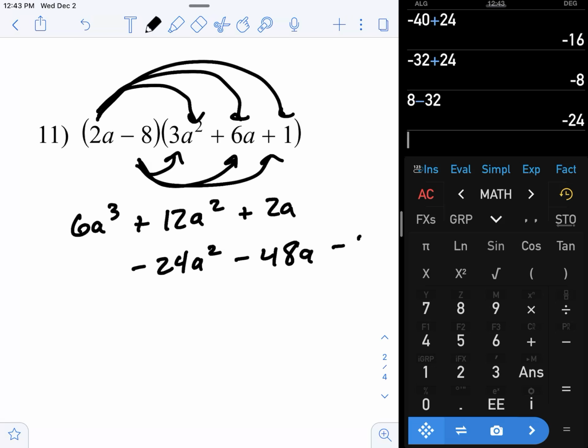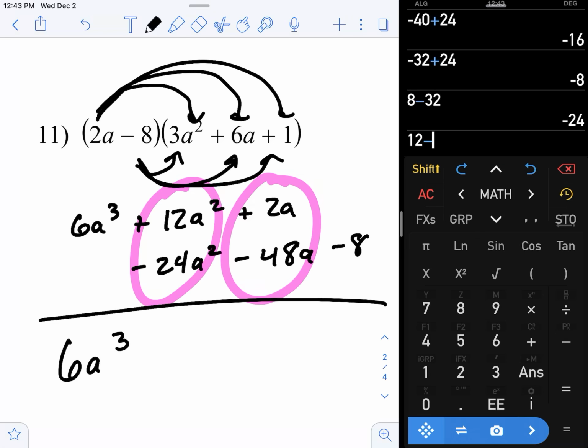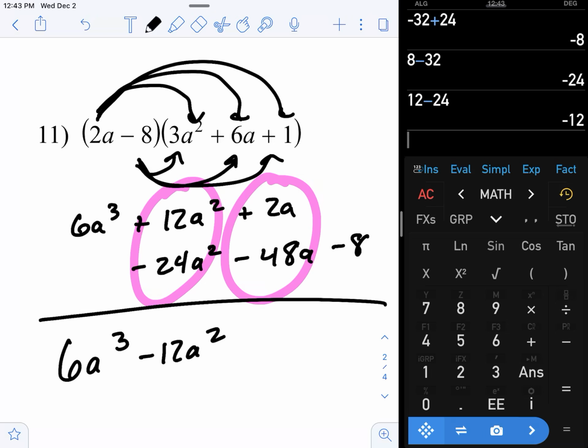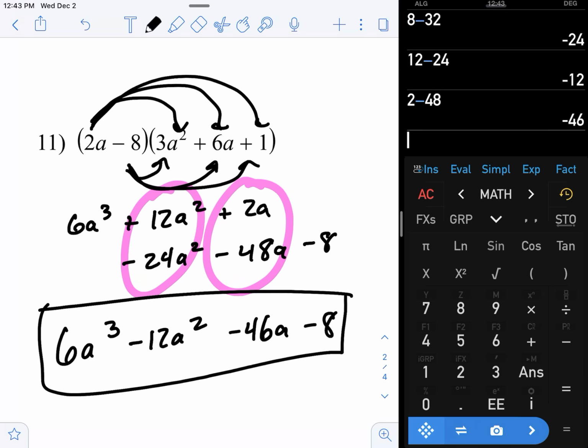Negative 8 times 1, negative 8. Okay, again, these two are going to line up. 6a to the third, 12 minus 24, negative 12a to the second, 2 minus 48, negative 46a, minus 8. Okay.